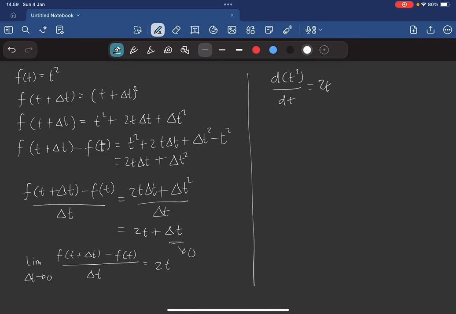Now let's consider a general power. Let's say f(t) equals t to the power of n. To calculate this derivative, we have to calculate f(t plus delta t), which is t plus delta t to the power of n.